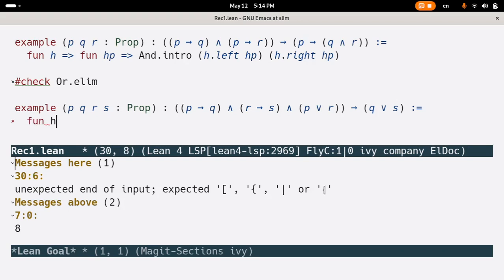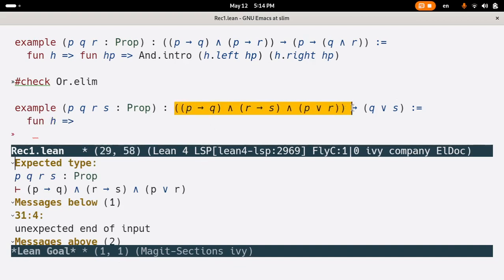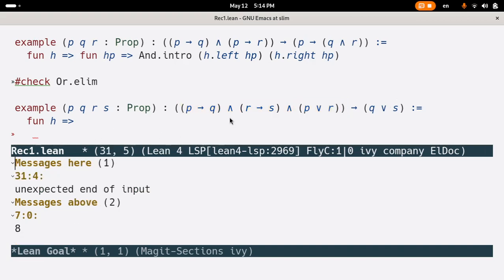So we have to write a function, and observe that H is a proof of the left hand side of the implication, and now we have to prove Q or S. At the moment we don't know which one of Q or S is true, and a little thought would reveal that which of these is true is essentially determined by which of P or R is true.